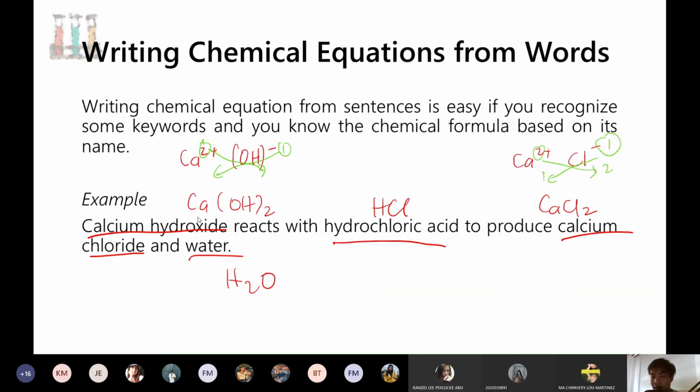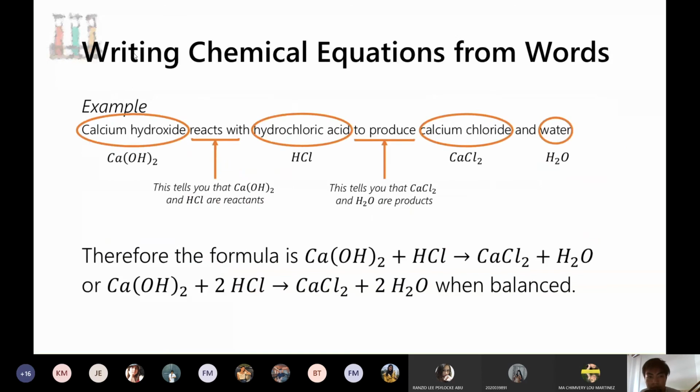So, we just identified the following formulas. Then, ngayon, the question is, how are we going to construct equations out of this? No? Okay, so yan. Dito sa next slide, nilagay ko na. Calcium hydroxide is CaOH2. Calcium chloride, CaCl2. Hydrochloric acid, HCl. And water, H2O. No? So, after identifying the formulas, what's next is that you identify which of the following are the reactants and the products.